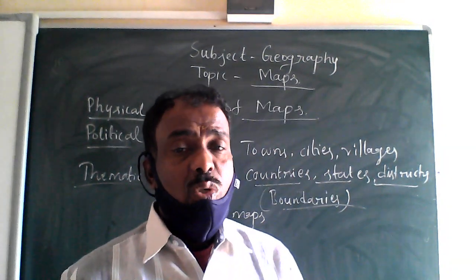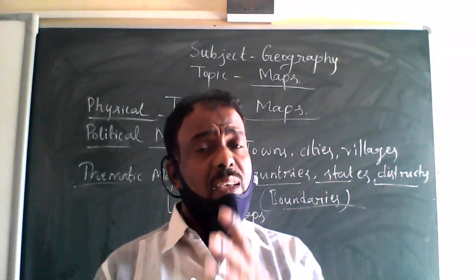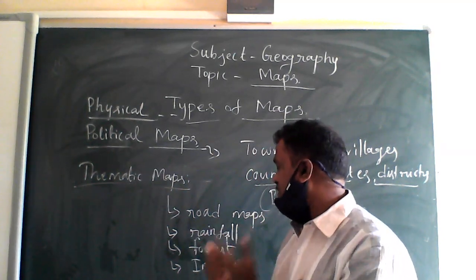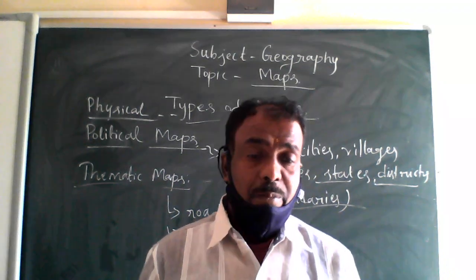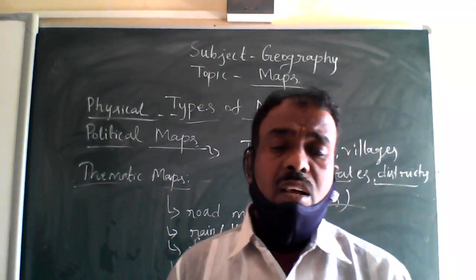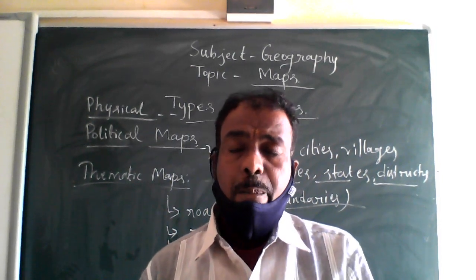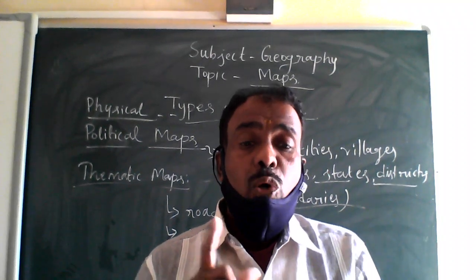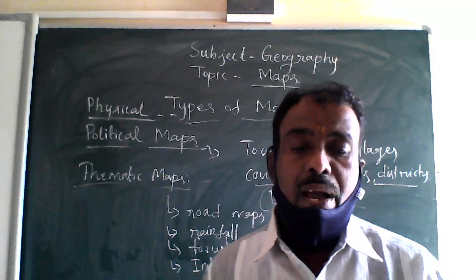See, like this, dear students, some of the maps are focused on specific information such as road, rainfall, forest distribution, and even industries, and so on. Whichever different map focuses on specific information, those maps are called thematic maps.